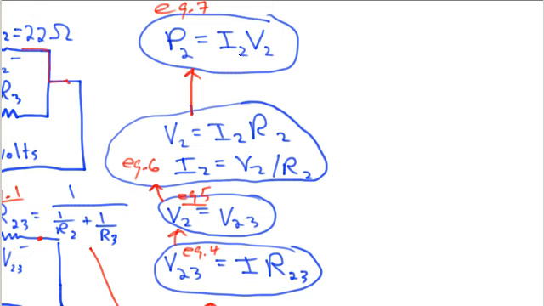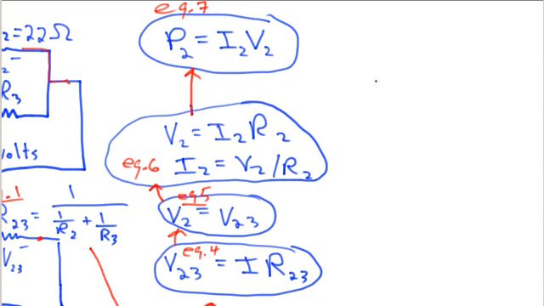So P2 is equal to that. I want to do some back substitution to see what's going on, to see if, indeed, as R3 increases, the power through R2 should increase. Alright, this we can just write as, I can replace either one of these. I think I'll put I2 in there.